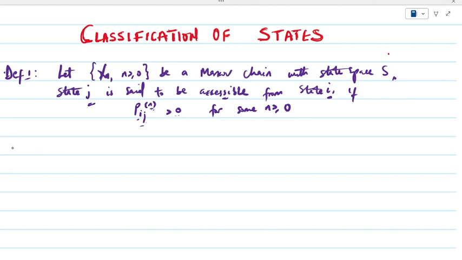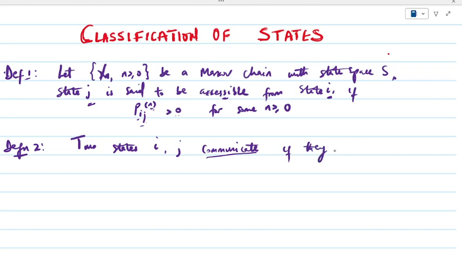From this we can get another definition, which is definition 2, the communication definition. We say two states i and j communicate. Take note of this: they communicate if they are accessible from each other.